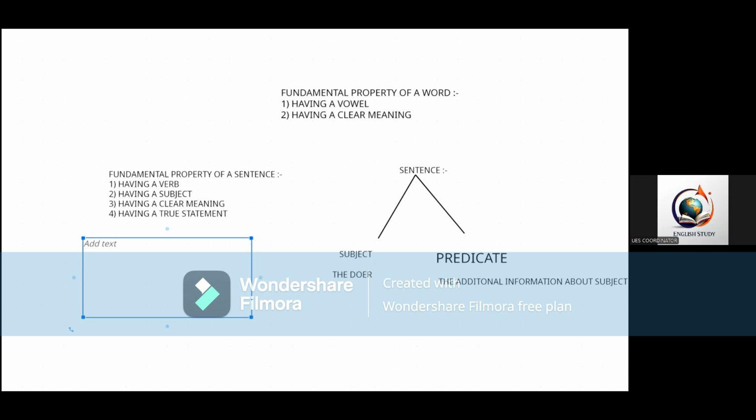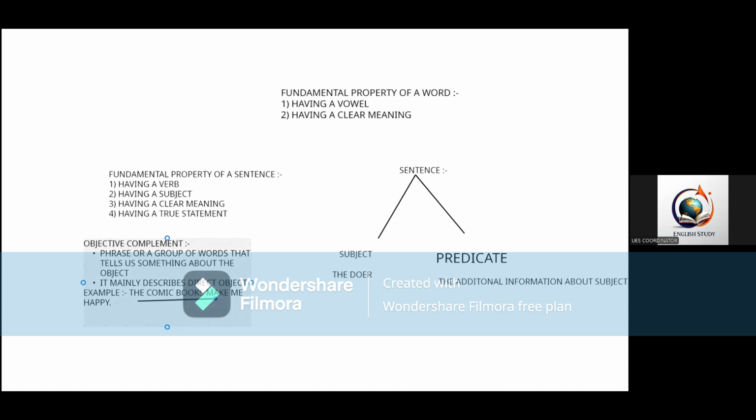The comic books is the subject, and this is the verb.